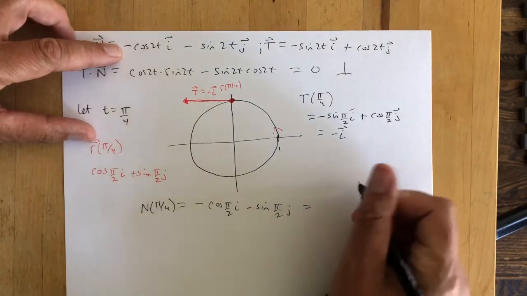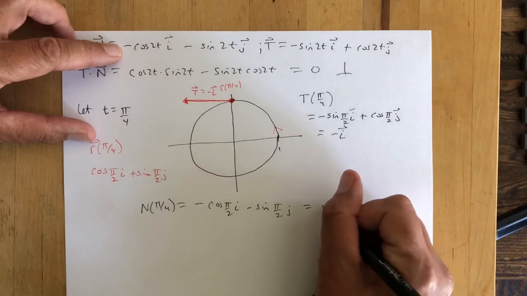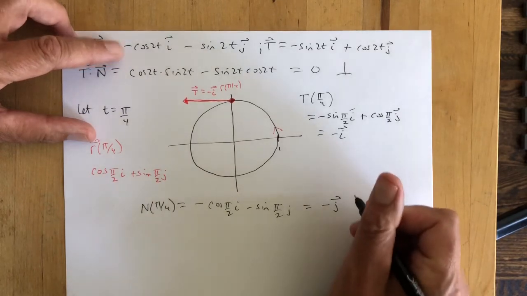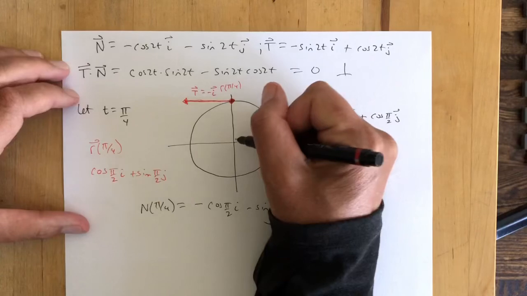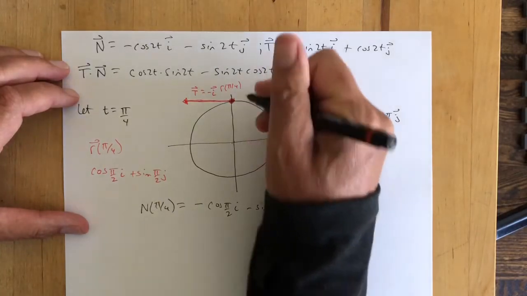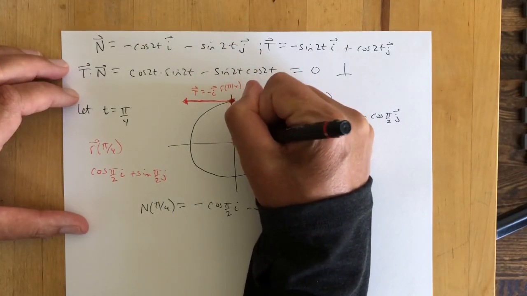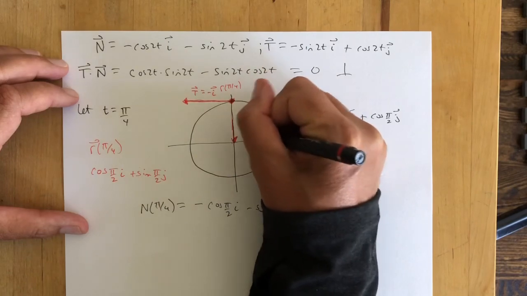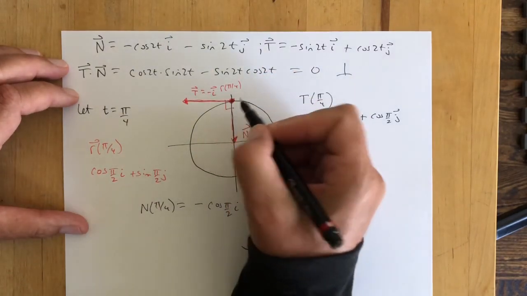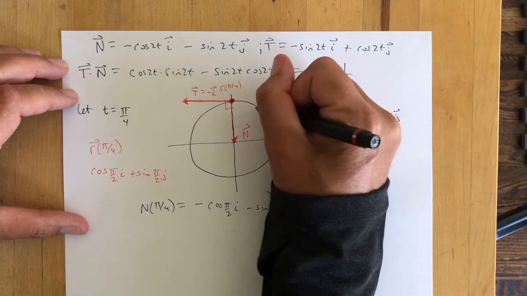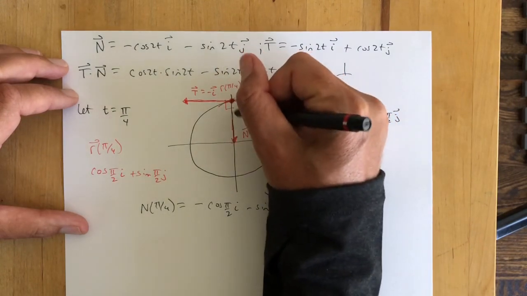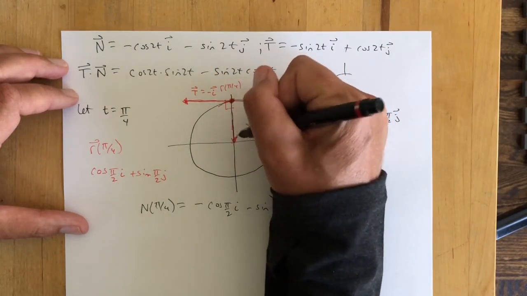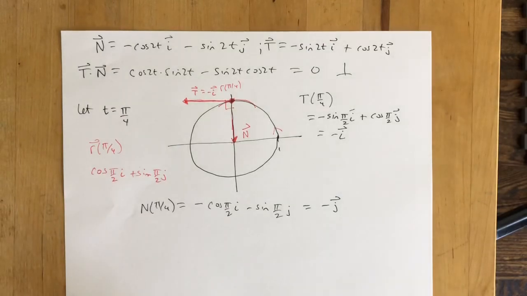So this becomes, I had a little moment there, minus j. Okay, that's good, because j goes this way and minus j goes that way, so there it is. And there's N. And they're orthogonal, we showed that already, and as I said before, N is always going to face into the curve, into the concavity of a curve at any point.